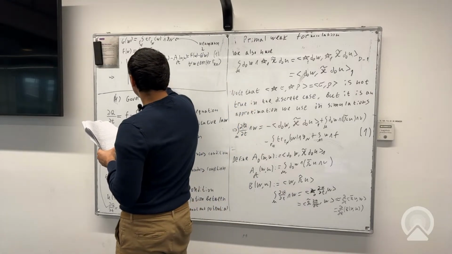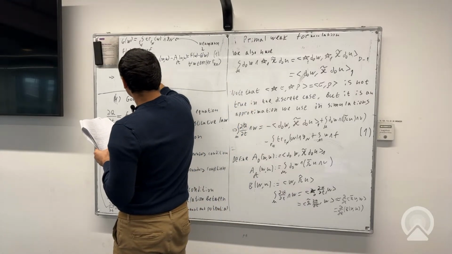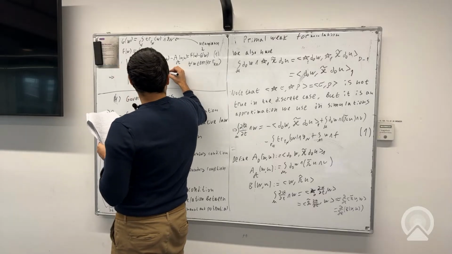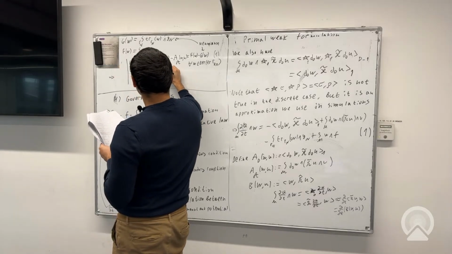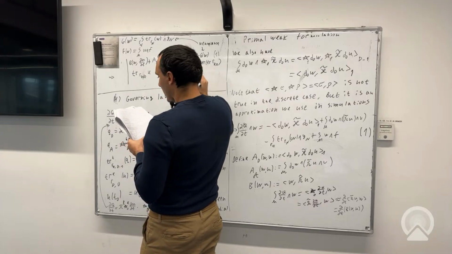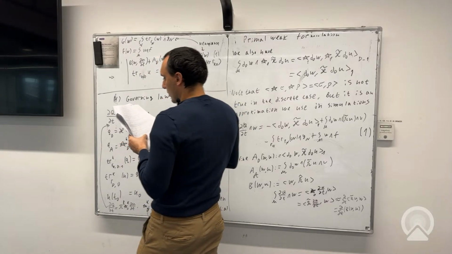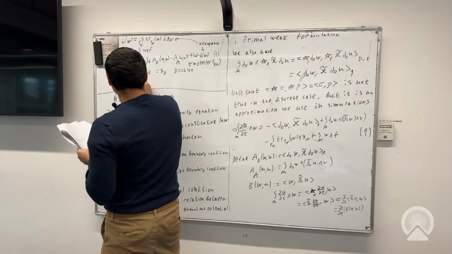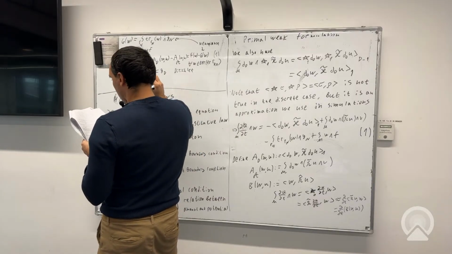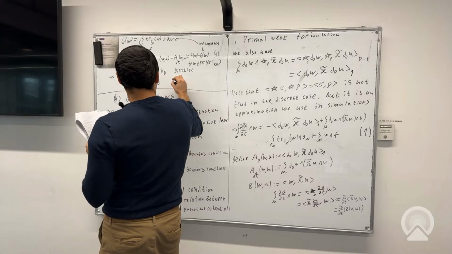Trace of gamma d u is gd. This is Dirichlet. And u of t0 is u0. This is initial.